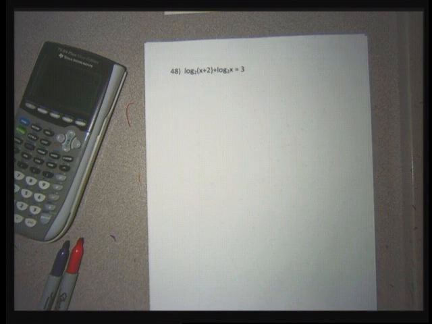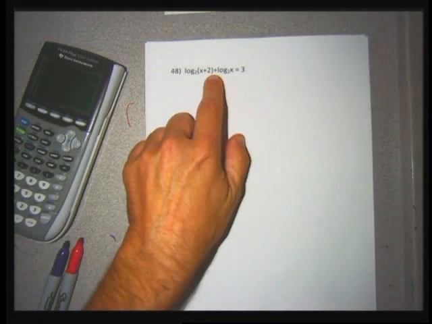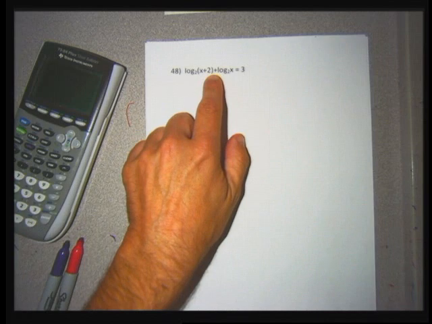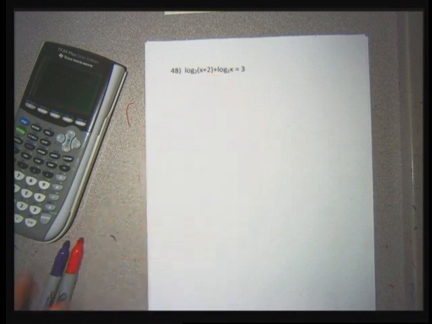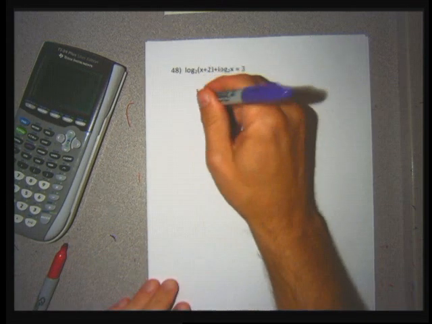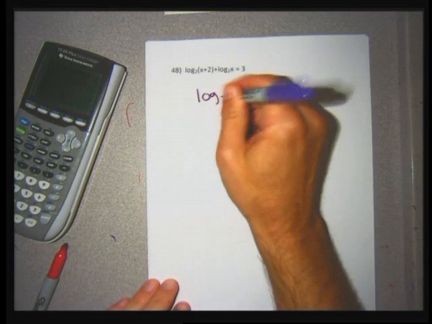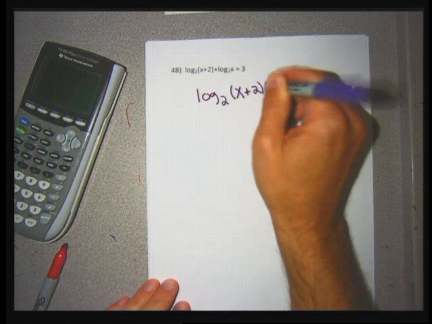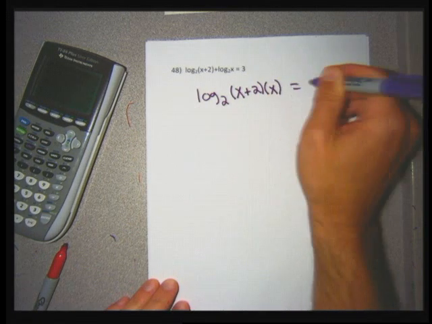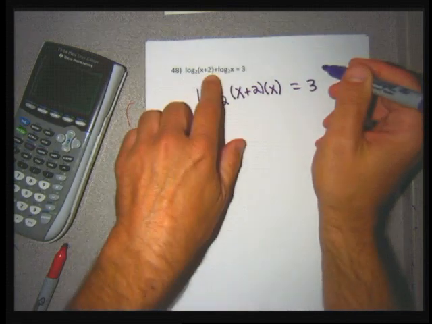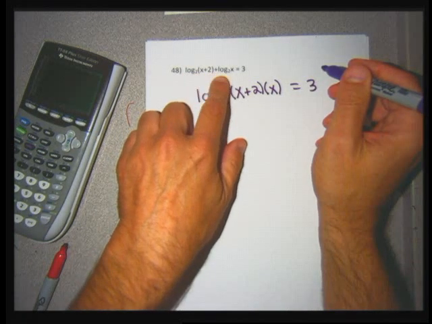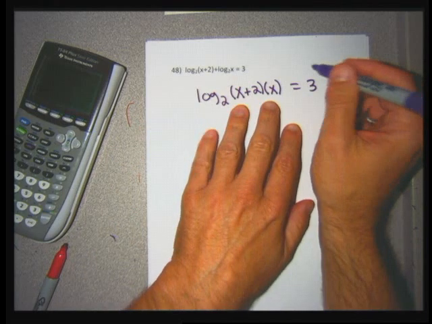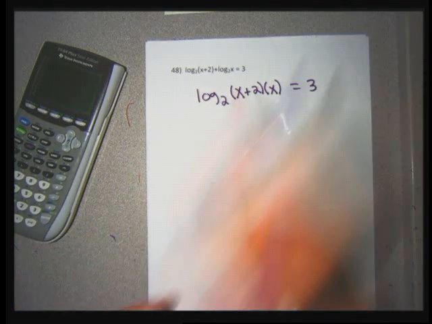48 and 50, what they have different than the last two problems is that instead of having a minus between the two logarithms, they have a plus between the two logarithms. I'm going to start off 48 and 50 by rewriting the left-hand side with one logarithm. And very specifically, I'm using the adding to multiply rule that we did in the last section that says if you have two logarithms with a plus sign between them and the logarithms have the same base, you can make the two logarithms into one logarithm if you multiply the arguments.